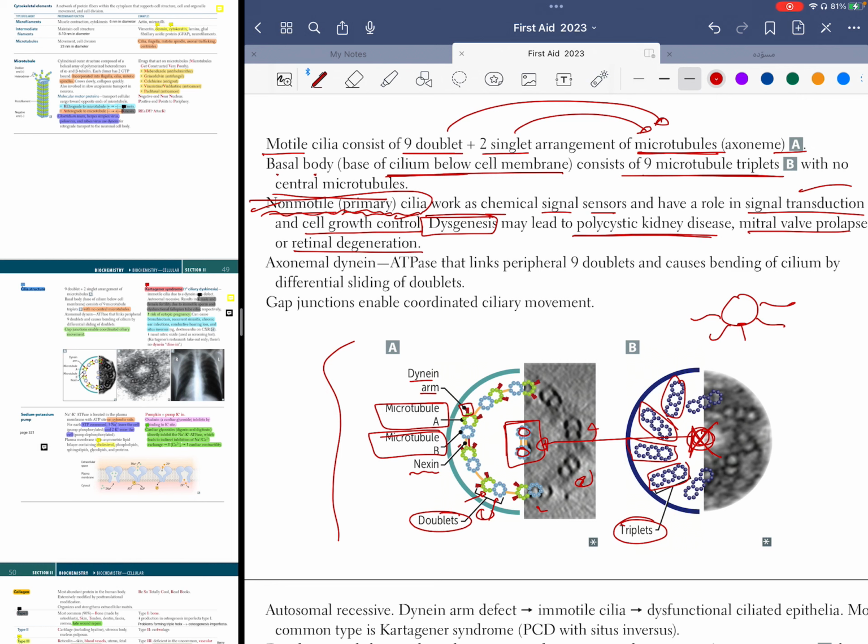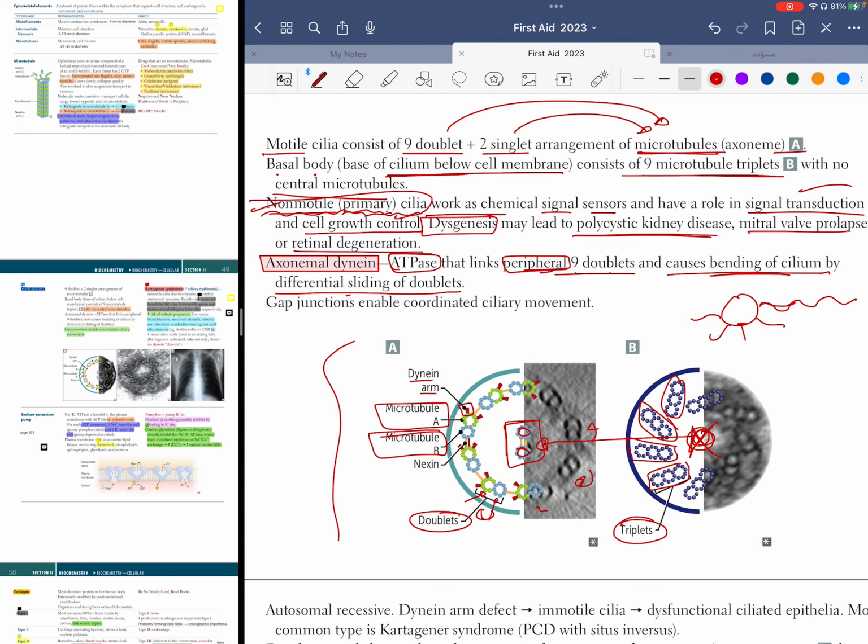We also have the axonemal dynein. Axonemal dynein is an ATPase, an enzyme that links the peripheral nine duplets, the ones that lie to the outside of the whole thing, and causes bending of the cilium by differential sliding of duplets.